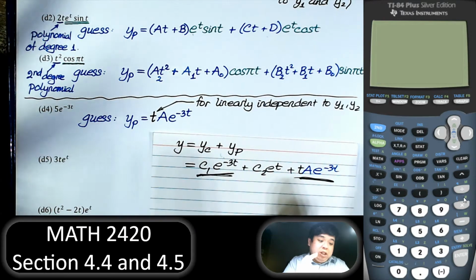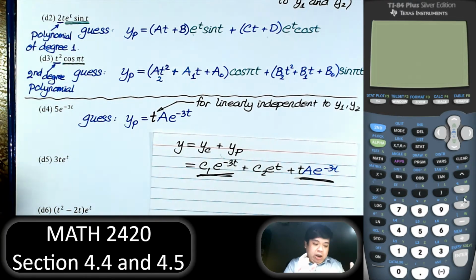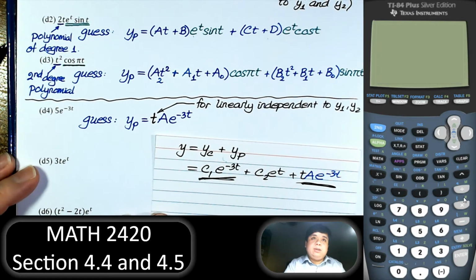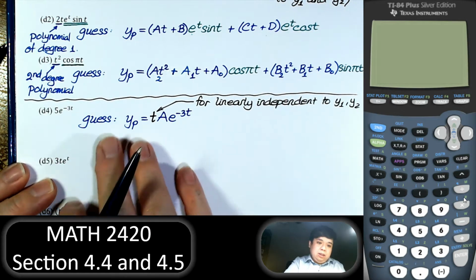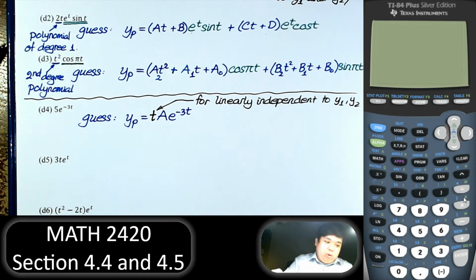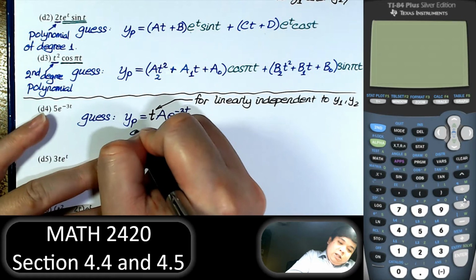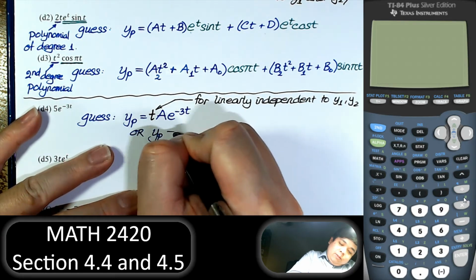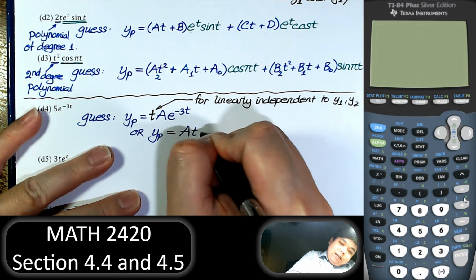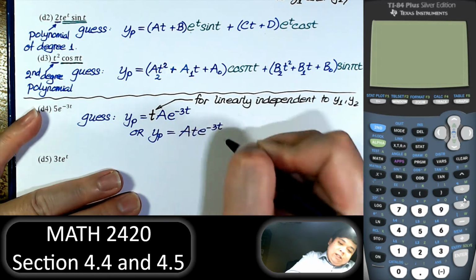The complementary solution certainly affects our guess. So in that case, we just write a t e to negative 3t.